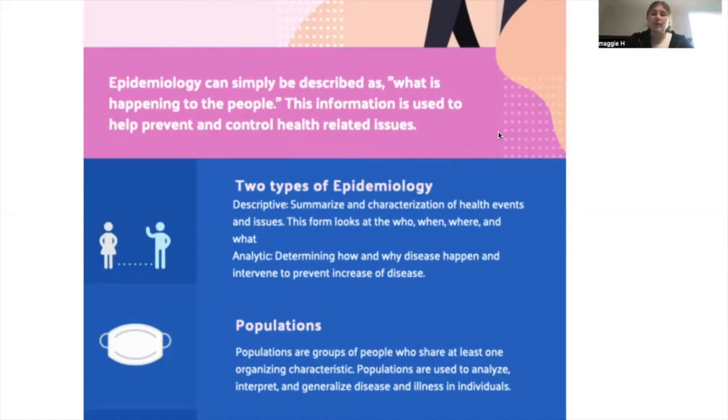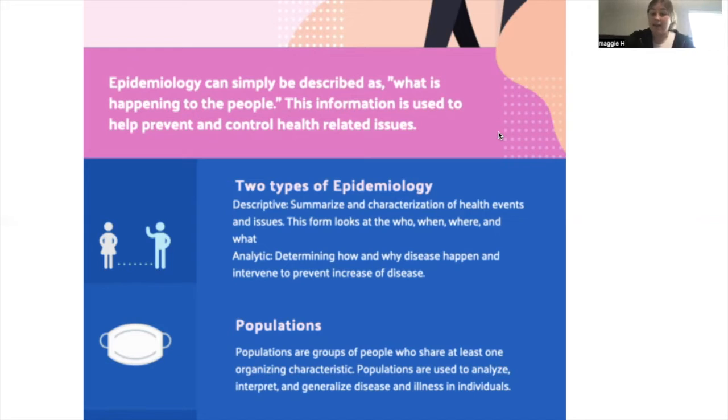When COVID first came out, epidemiologists were looking at who COVID was affecting, when it started, where it is happening, and what exactly COVID was. That is a part of descriptive epidemiology, and they gather all this information and then use that to form a hypothesis and learn a little bit more about the disease at hand.